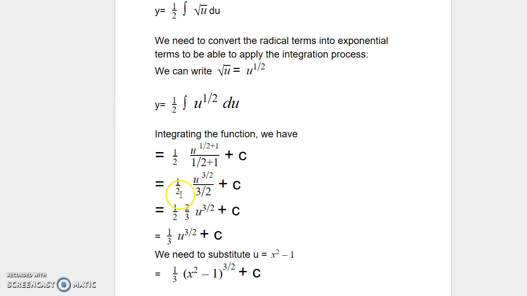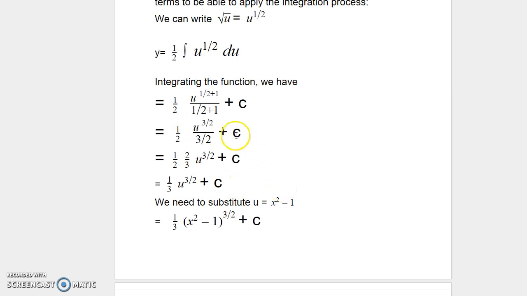So the next step is 1 half u to the power of 1 half plus 1 converts to u to the power of 3 over 2, and in the denominator we have 1 half plus 1 that converts to 3 over 2, and then we have a constant of integration c. So let's simplify this. So 1 half, and then we have 3 over 2 in the denominator.